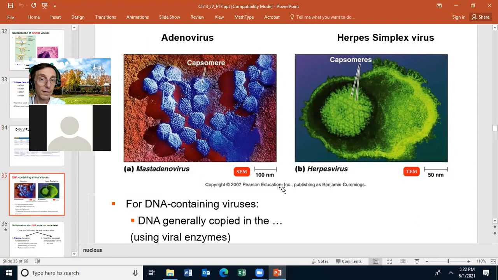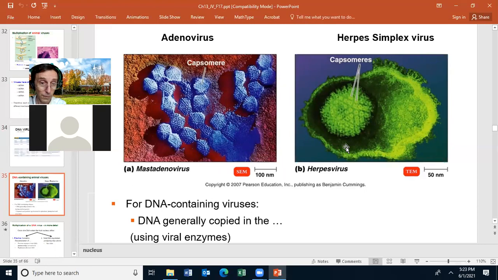So we're looking at the adenoviruses and the herpes viruses. These are DNA-containing viruses, and the DNA is generally copied in a DNA virus in the nucleus.